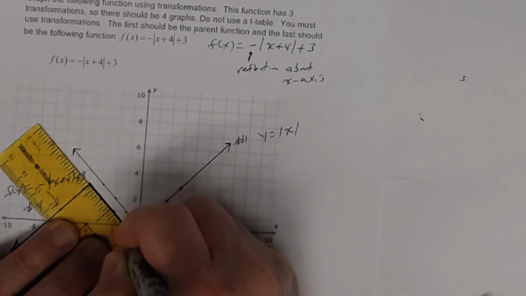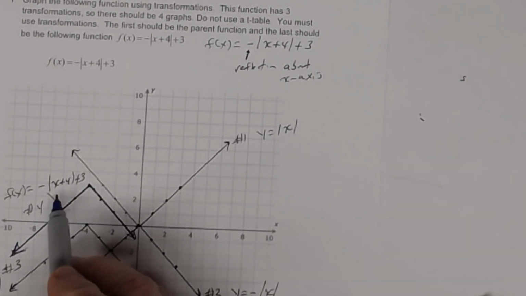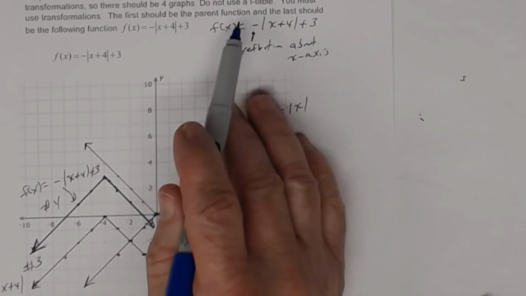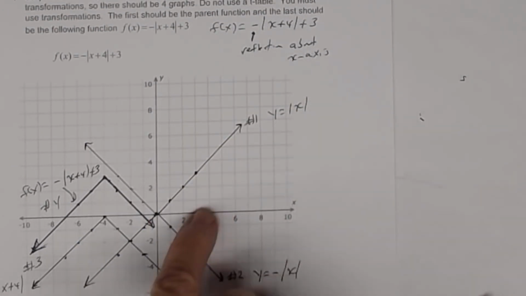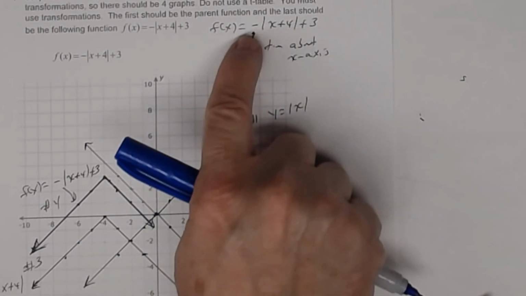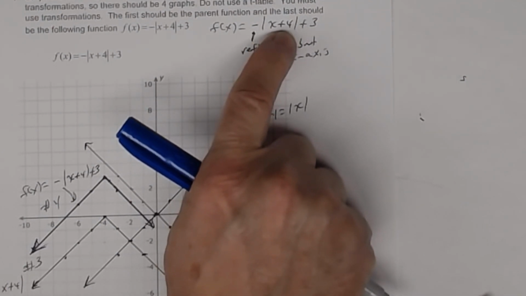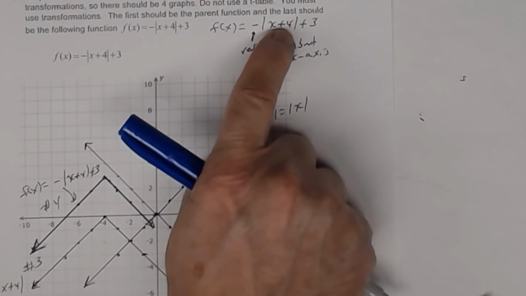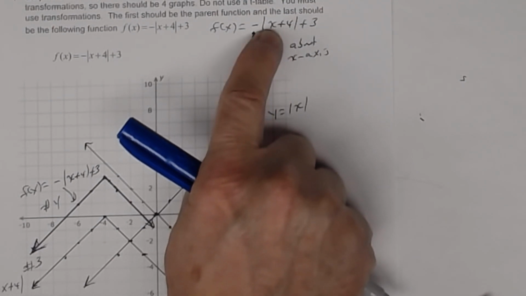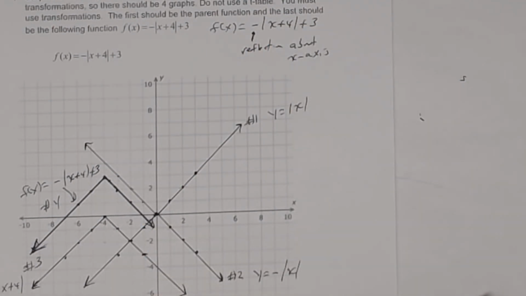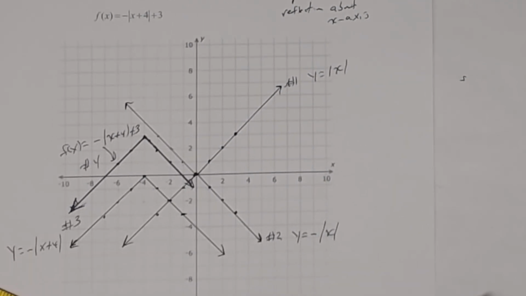I used transformations to graph this function. I graphed the parent function first, and then you go from left to right. You do the reflection about the x-axis, then a horizontal translation, in this case 4 units to the left, and then shift it up 3 units. So that was number 1.